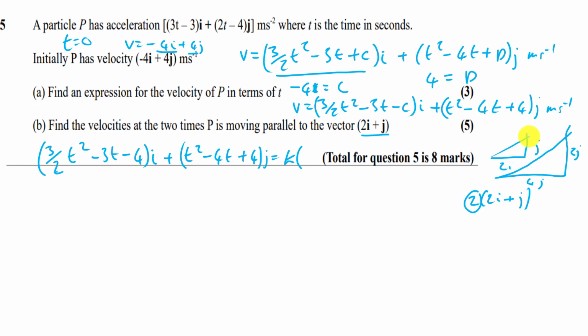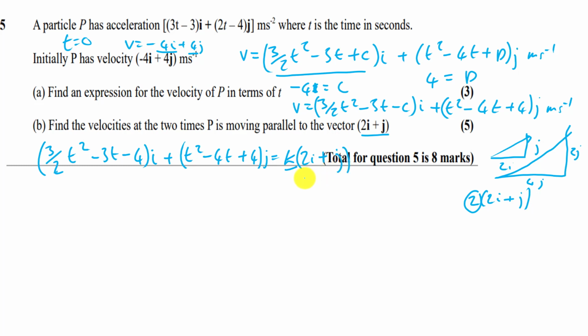Because it's still parallel. So you're going to have a coefficient that's going to be the same. So that's why we can say that's k(2i plus j). But the other question was some constant k i plus j.